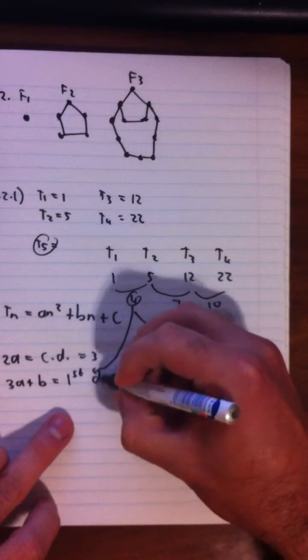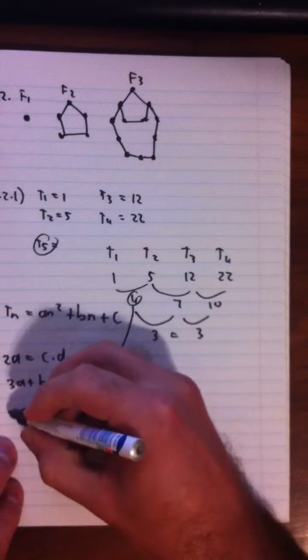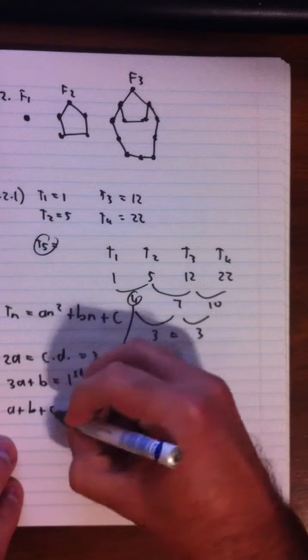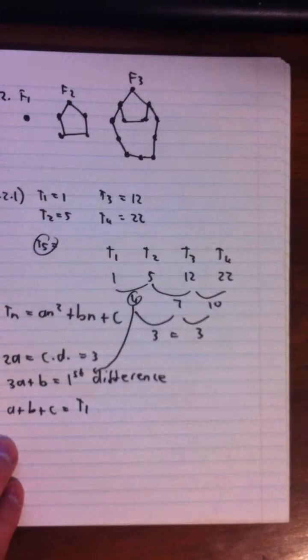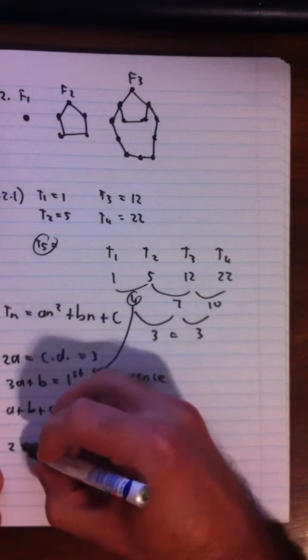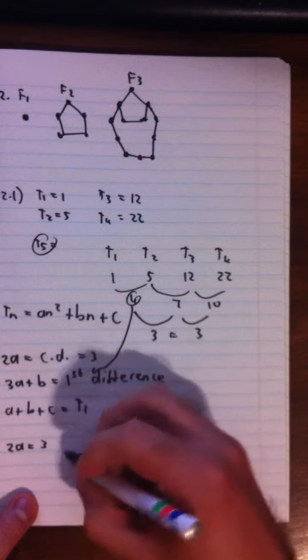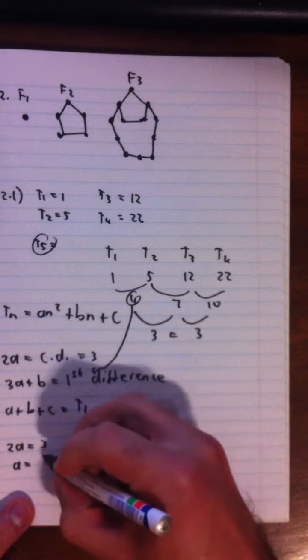Let's just call it the first difference. And we know that a plus b plus c is equal to term 1. Now let's substitute that in. So we know that 2a is equal to the common difference, which is 3. That means that a is equal to 3 over 2.